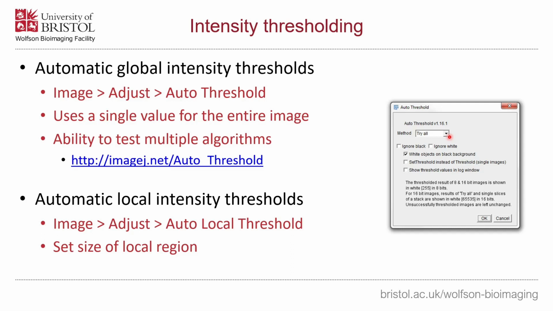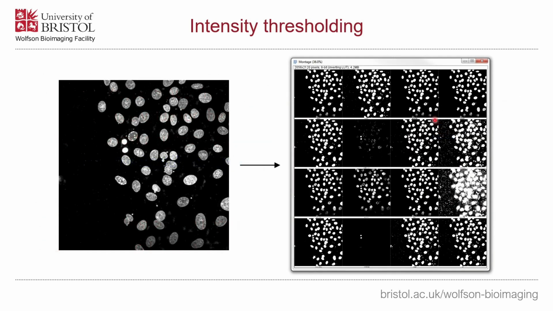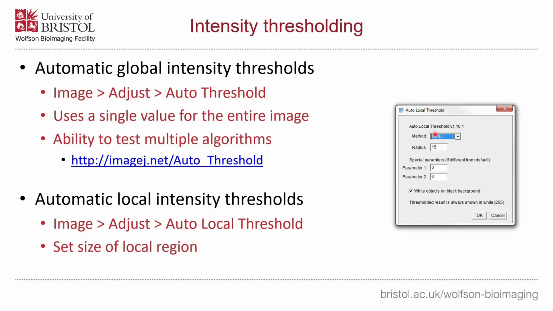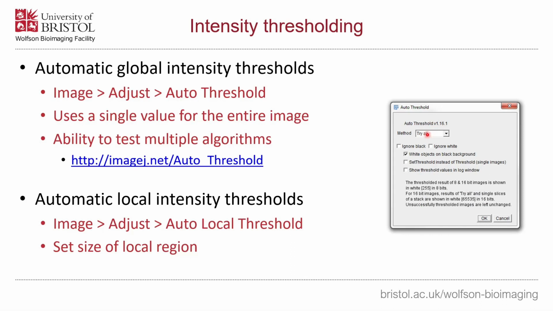The best thing to do is to take your image and try all, which is the first option, and you will get an example image that looks something like this. With an input image like that, it gives you the result of all of those different thresholding algorithms, so you can see which one has worked best for you. If you zoom in, you can just about make out the names below each one. Then when you go back to the plugin, you select which threshold you want to use, click OK, and it applies it.